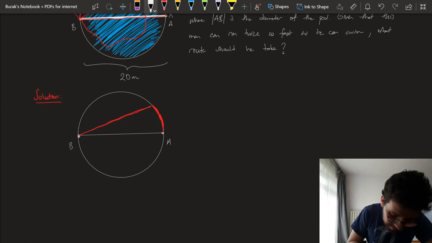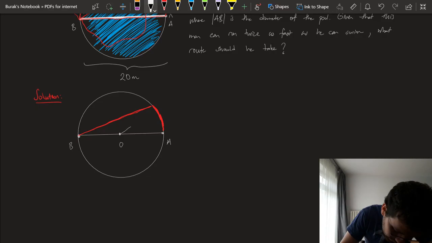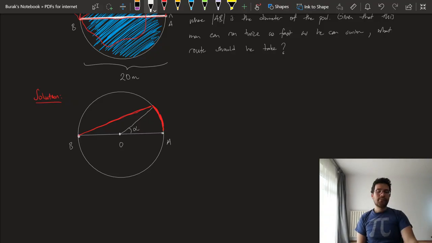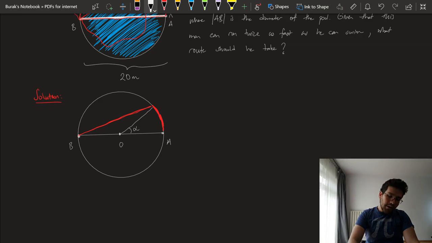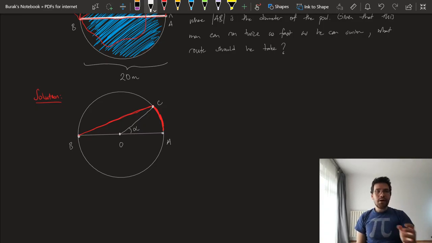Okay, so let me mark the center of the circle, and let me call this angle alpha. Wherever he's jumping in, let's call this point C. The angle COA, I'm calling it alpha. We're trying to find the optimal value for alpha.